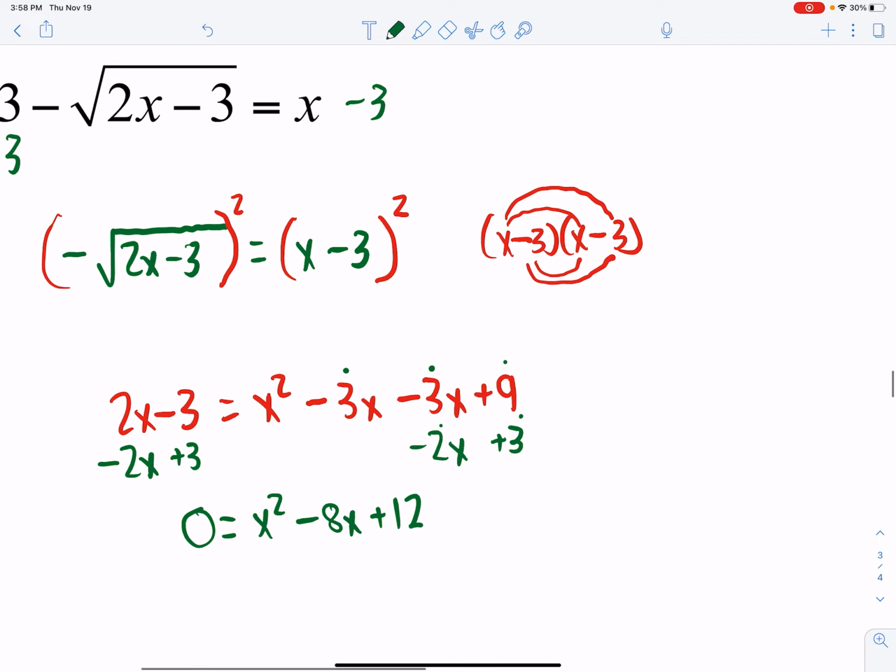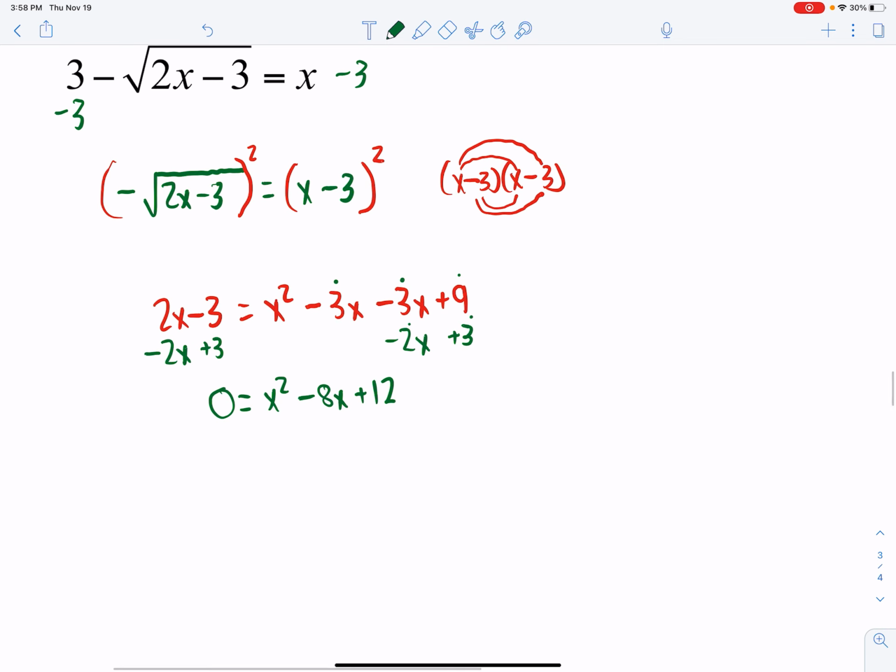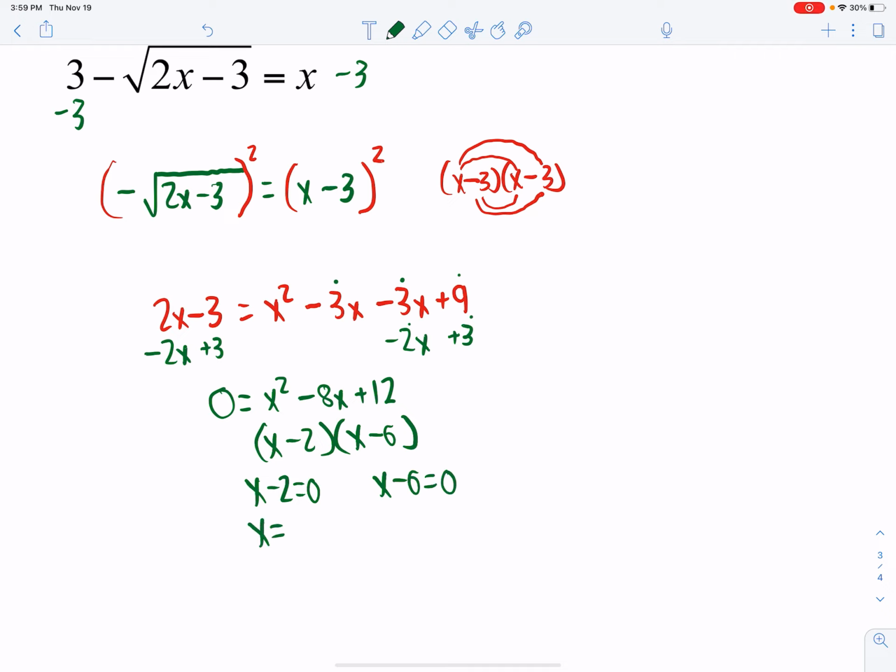Now we factor it. To multiply to be a positive 12, but add up to a negative 8, we'd need a minus 2 and a minus 6. So we set both of those factors equal to 0. The first one you add 2 to both sides and have x equals 2. The next one you add 6 to both sides and have x equals 6.